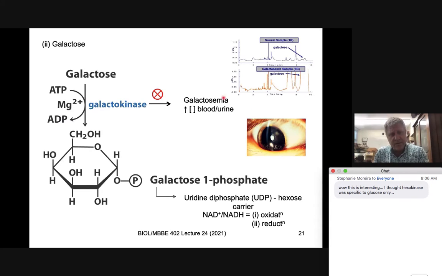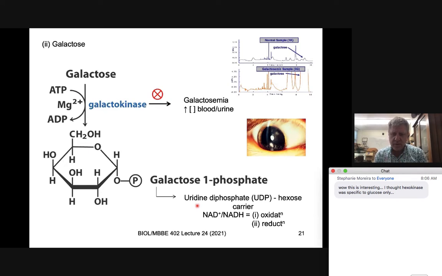So galactose itself uses the galactokinase and the ATP mechanism to degrade ATP and give us that phosphate to make the galactose 1-phosphate. This particular one then goes into another system. We're going to talk about this system a bit more in the uridine diphosphate carrying system. In this case, we're going to be utilizing NAD plus and NADH to go through an oxidation reduction reaction.